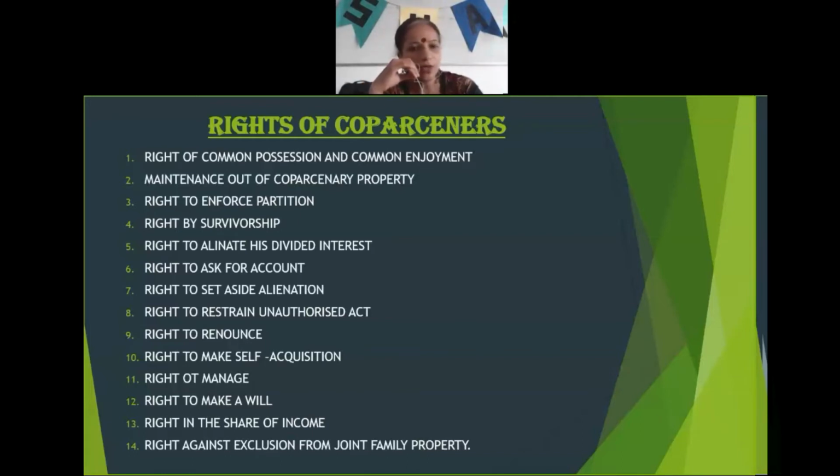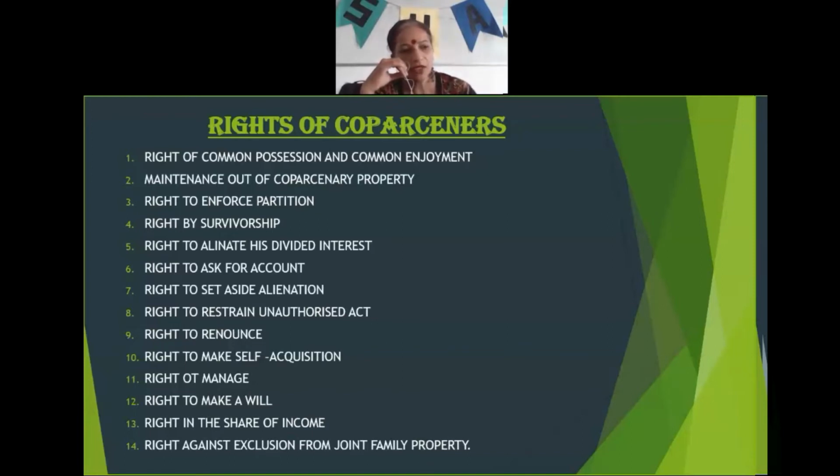Then next is the right to renounce. Right to renounce means what? छोड़ देना, अपना right as a coparcener छोड़ देना. Now we have seen that a person, when he takes birth in the family, gets a share and a right in the family property. On his demise, his share gets distributed among the other coparceners.